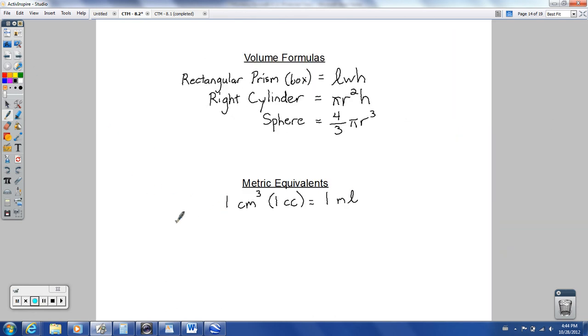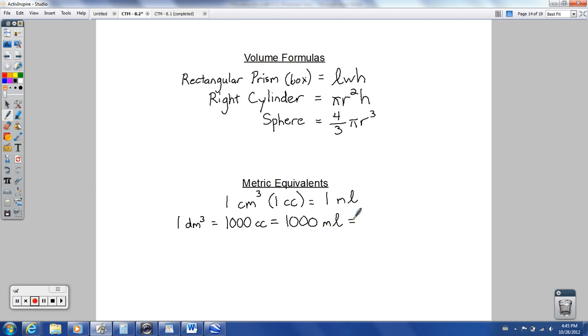If you have 1 decimeter cubed, that's the same thing as 1,000 cubic centimeters, because this would be 10 centimeters by 10 centimeters by 10 centimeters, which would be 1,000. So this is 1,000 cc. 1 cc is 1 milliliter, so 1,000 cc is 1,000 milliliters.